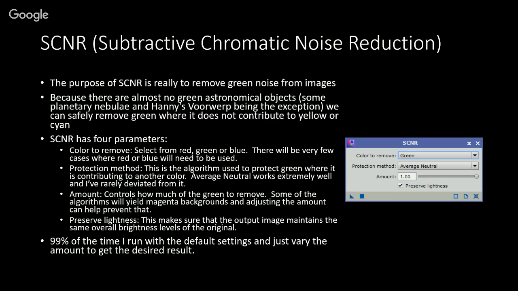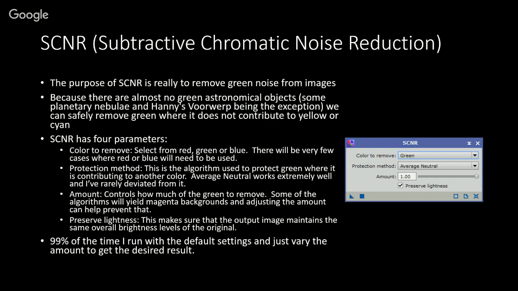So SCNR is really what's called subtractive chromatic noise reduction. Its primary purpose is to remove green noise from images. Because we know that 99% of the objects out there in space don't really have any independent green color, we can basically toss it out, right?